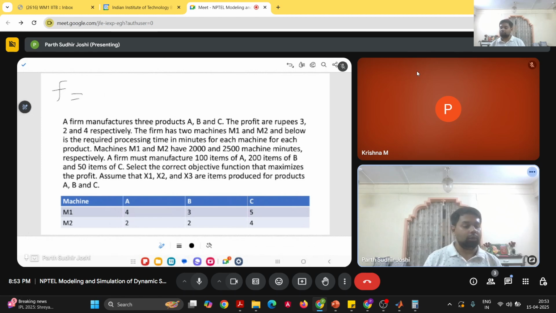Okay. So to find out the profit, we basically need to multiply the number of units of A by the profit per unit of A, which is 3 into x1, plus 2x2, and 4 into x3.